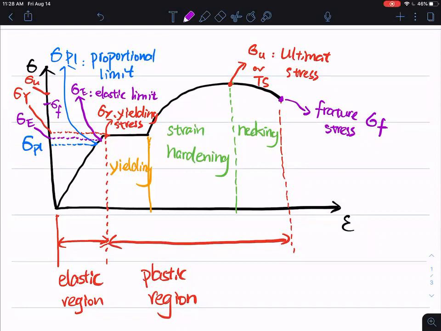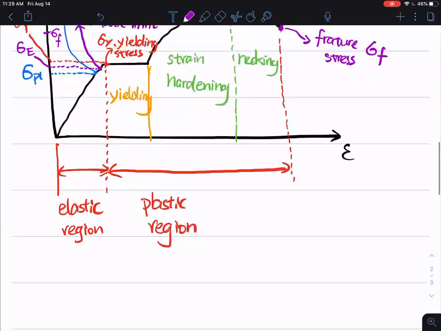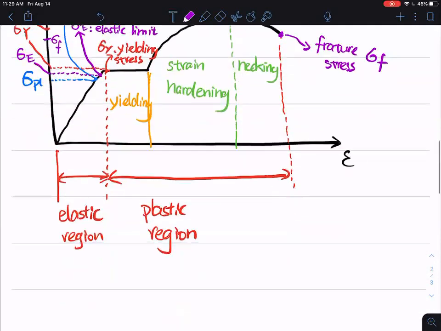Even with the same material, let's say steel, you could end up with different steel curves by having different content of carbon or other added impurities inside the steel. So that could change the shape of the curve. Everybody have this written down in your notes? Okay.